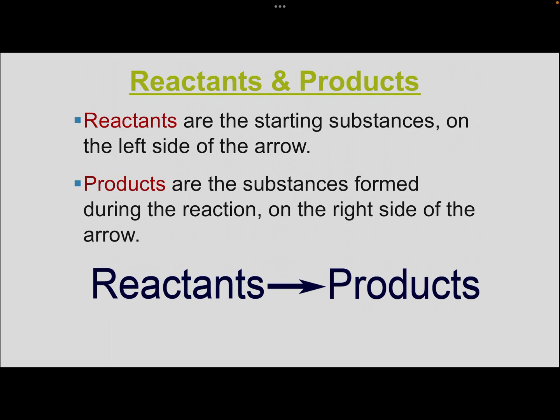So to the left, you see reactants, and to the right are the products. Reactants are the substances that you start with in a chemical reaction. Products are what comes after the chemical reaction occurs.